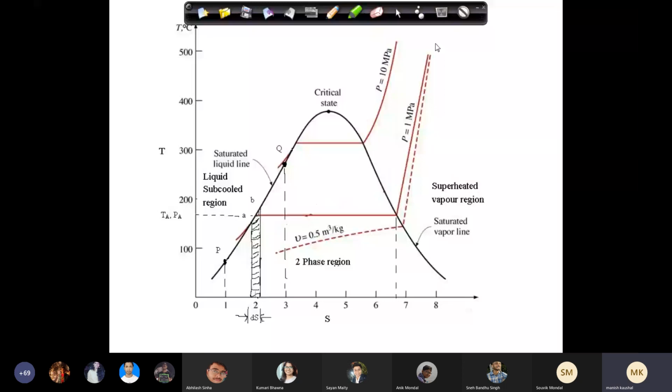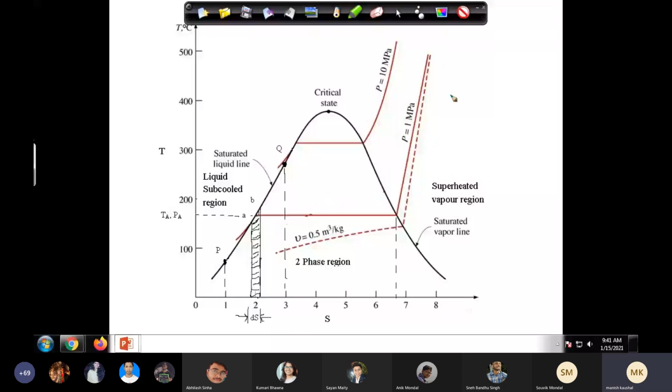I also think so. Constant volume line means along this broken line, specific volume is nothing but total volume by mass of the system. Right, Bhavna? Specific volume, because the inverse of density is specific volume, not volume.